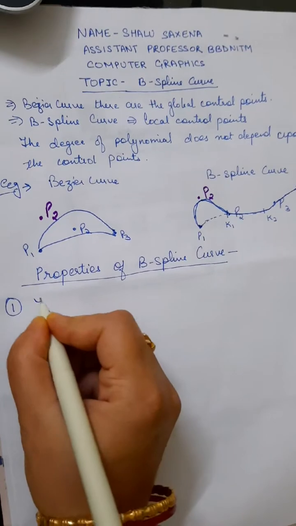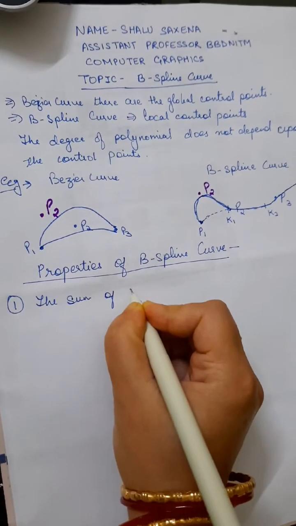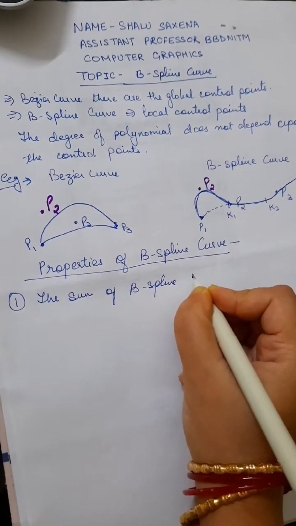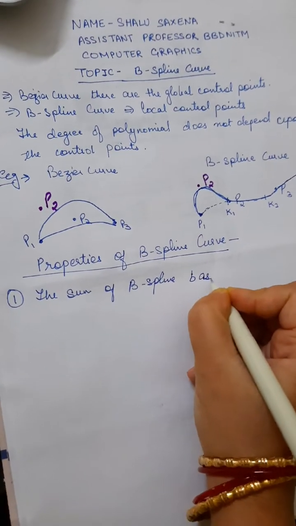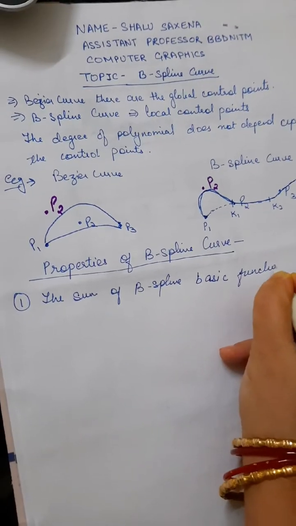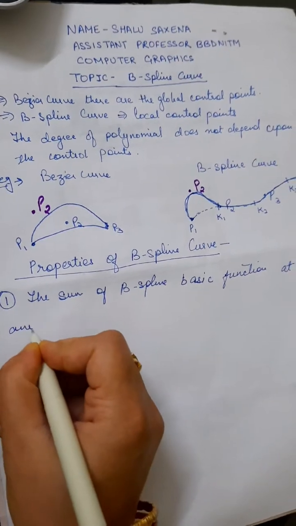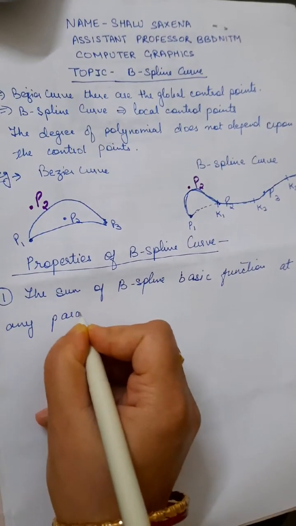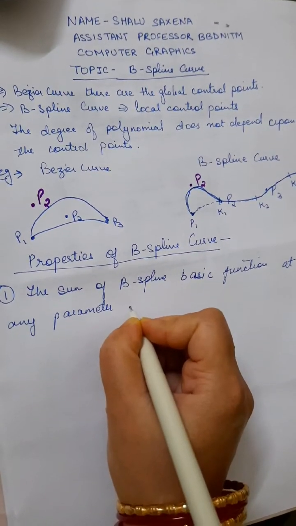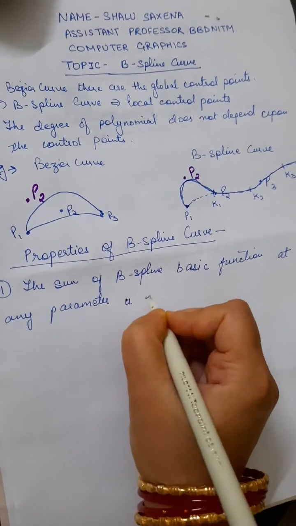Here also the sum of the basis functions at any parameter, suppose u is equal to 1.